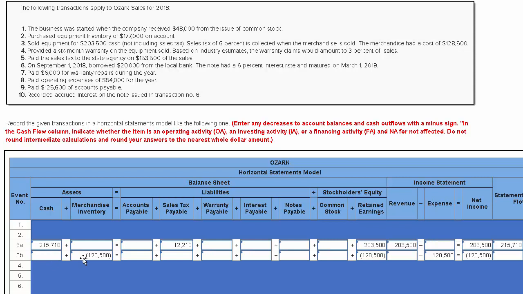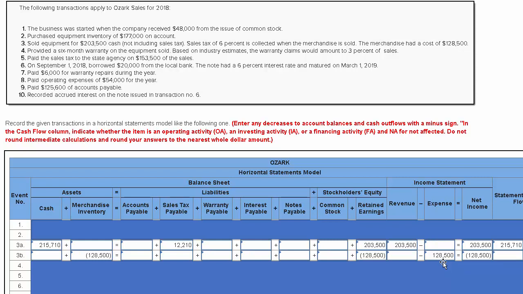We've already shelled out the money for the inventory when we purchased it previously, but when we record a sale, there's no cash impact for the inventory portion. The fact that we credit inventory, or not credit inventory, but decrease inventory and increase an expense, that doesn't impact cash.